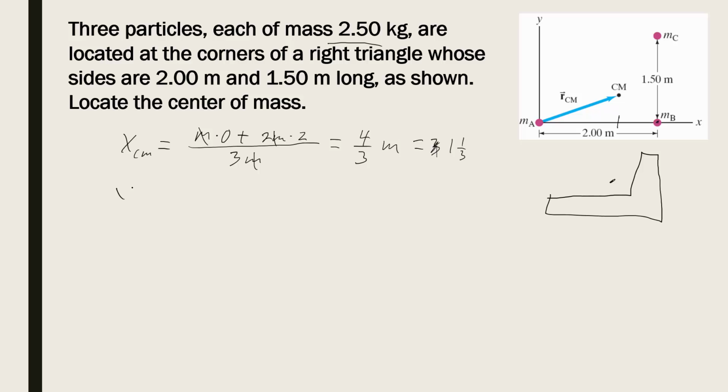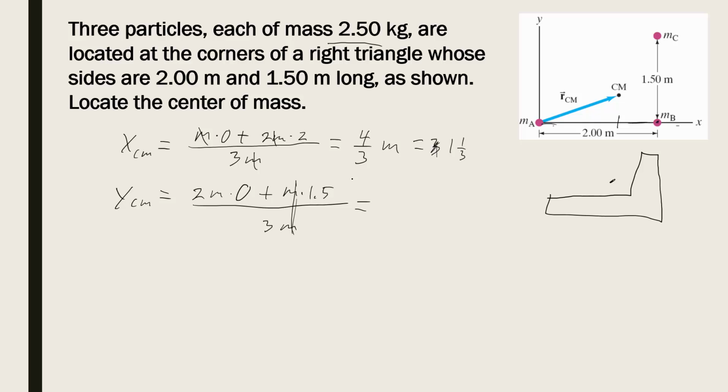Okay, for the vertical center of mass, this time we can treat these two as located at the same place vertically. So we're going to have 2 times those masses, and those are at a location of 0, so that's fine, plus this mass out here at a location of 1.5. We divide again by the total mass of 3, so we're going to get 1.5 over 3.